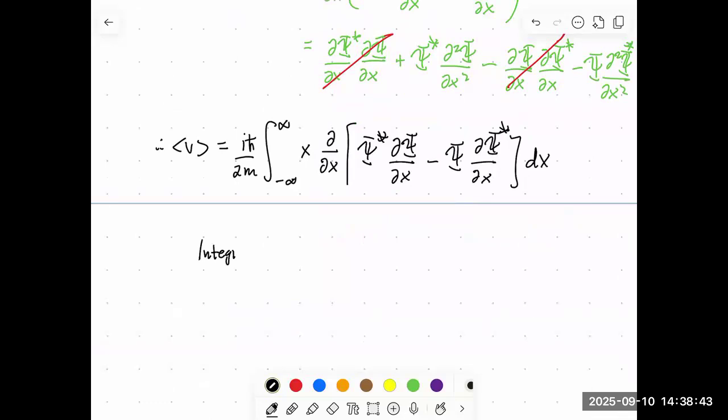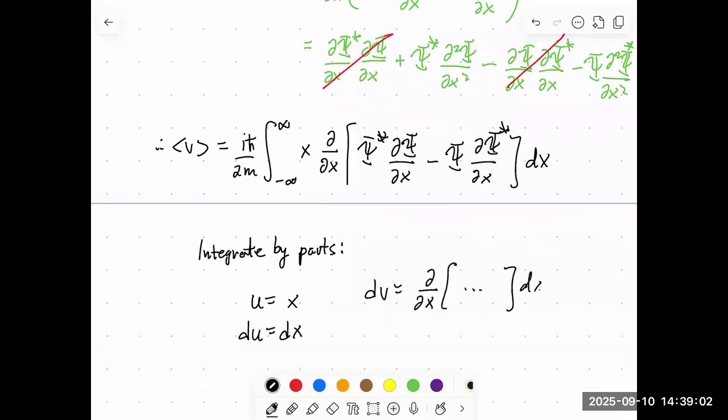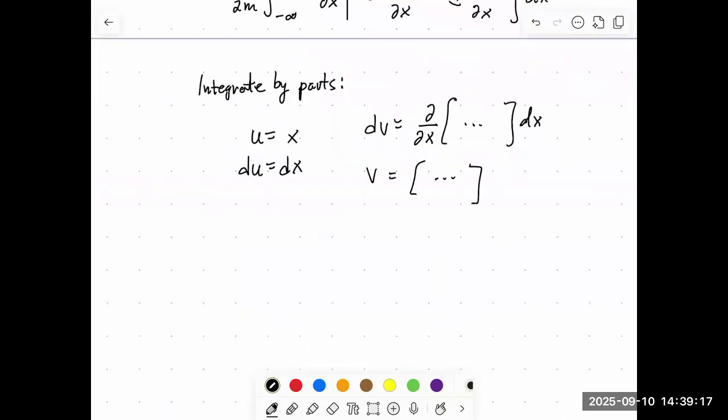So we'll integrate by parts. We'll say that u is equal to x, so du is equal to dx. And we'll say dv is d by dx of all the stuff dx. So that means v is just equal to all that stuff. So let's try to evaluate.